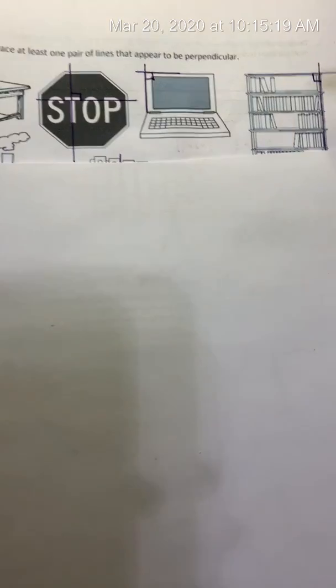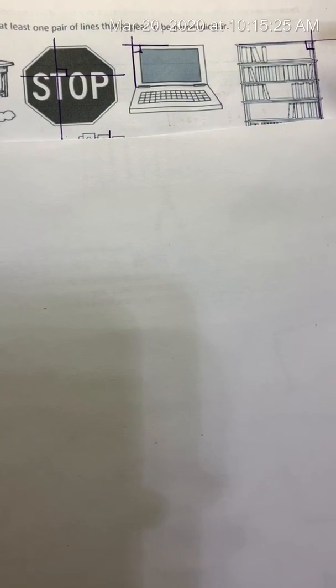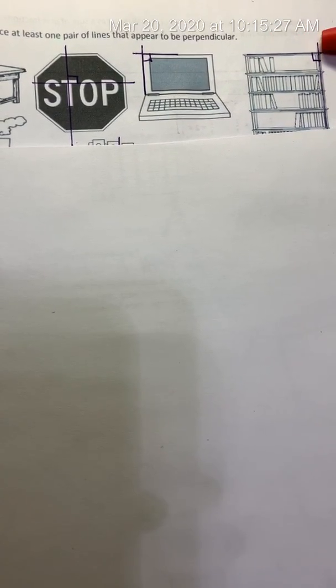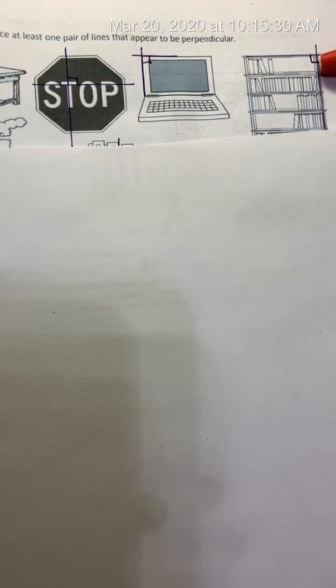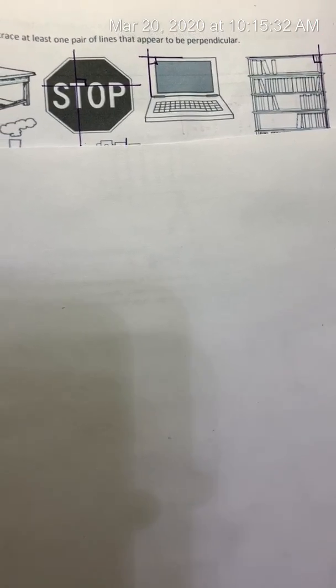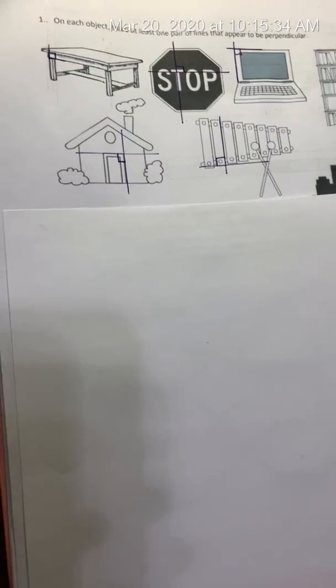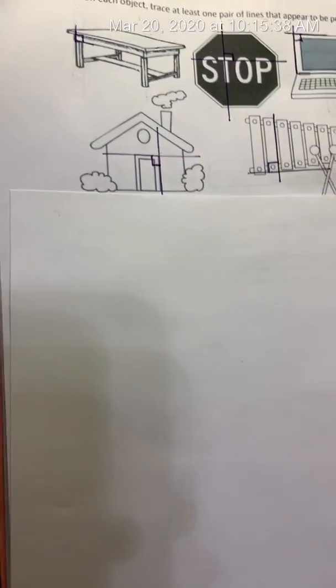Also, any of the keyboards, those lines would be 90-degree angles. So they would be perpendicular lines, since they create that 90-degree angle. And then the corners of the bookshelf, that would create that 90-degree angle, so these two lines would be perpendicular. On the house, there's a lot of perpendicular lines on this one as well, so you could have many answers for this one.